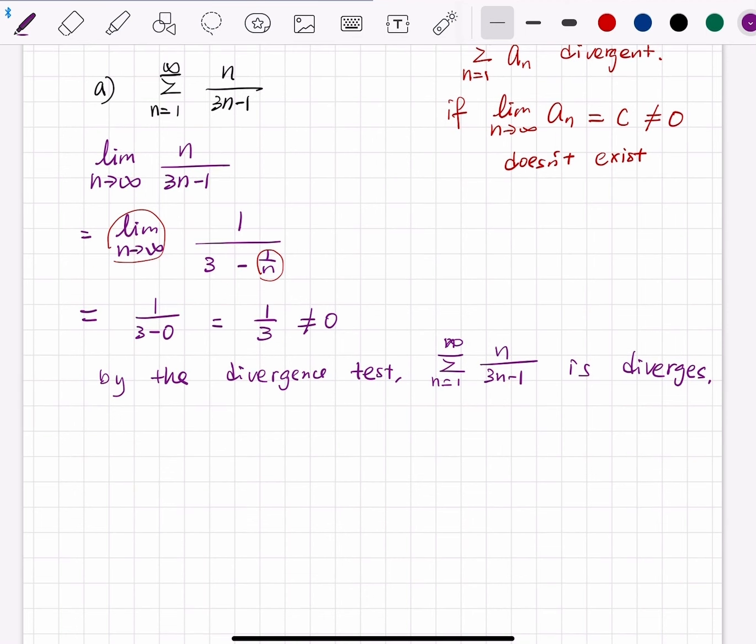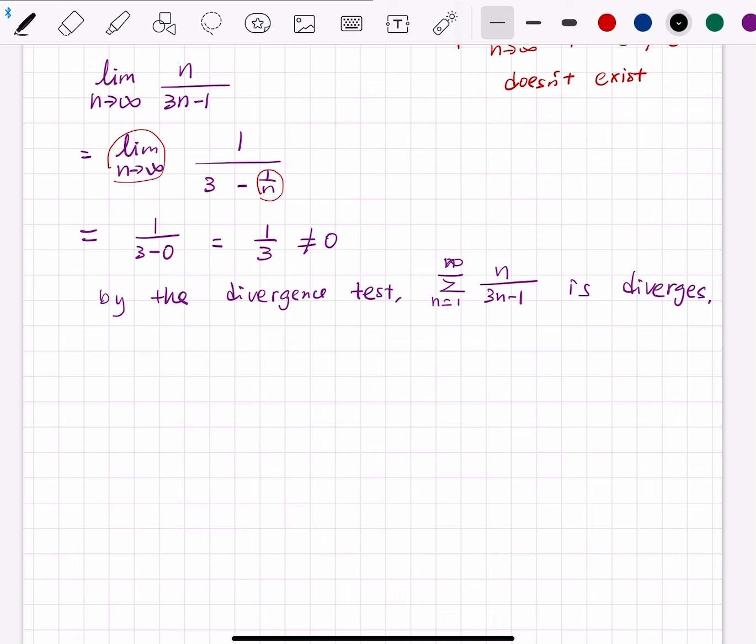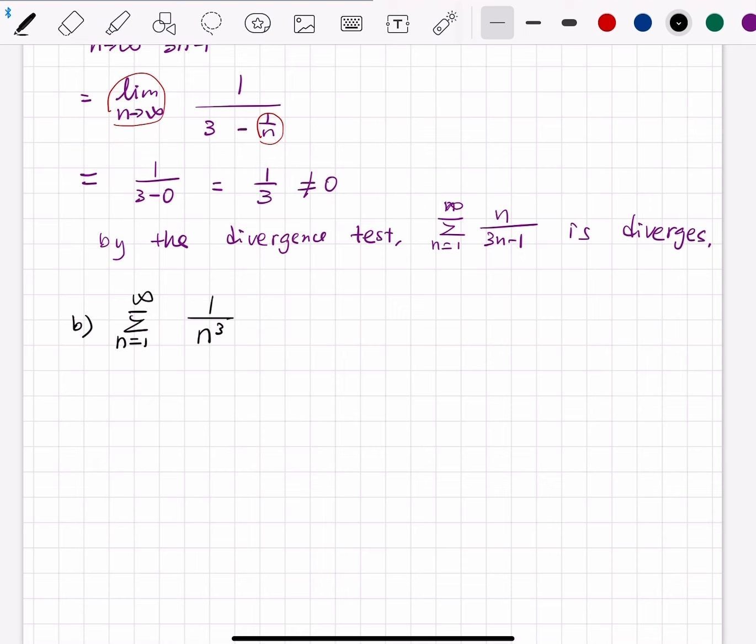Now let's look at another example. I have the summation n equal to 1 to infinity of 1 over n cubed. For this one, it's pretty straightforward. The 1 over n cubed portion is pretty simple, so we can just pretend we plug in the infinity.